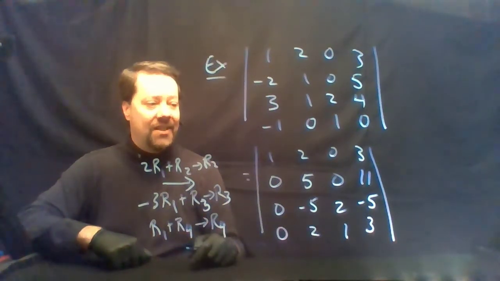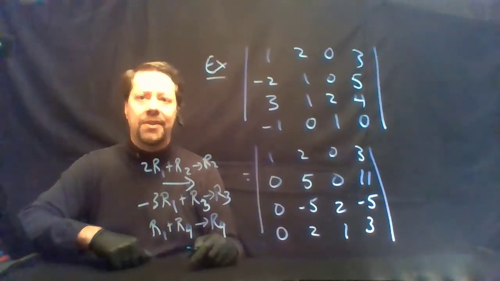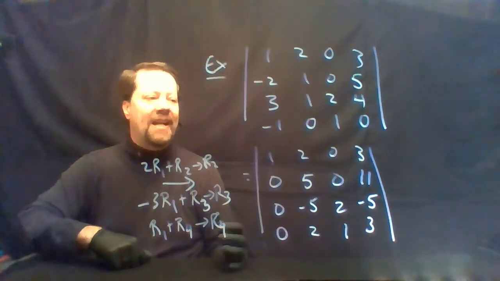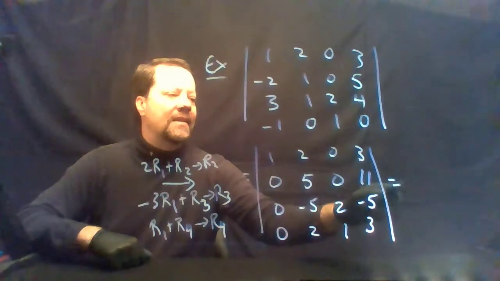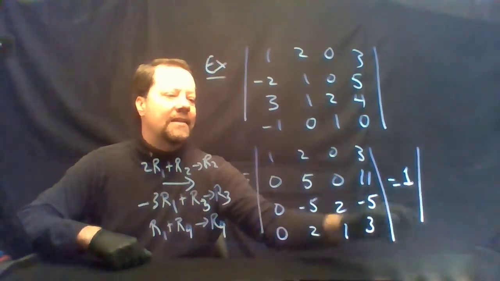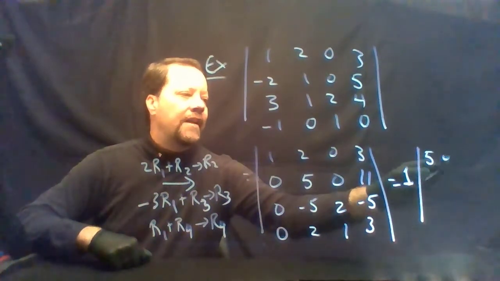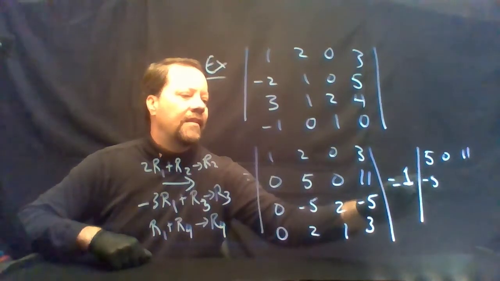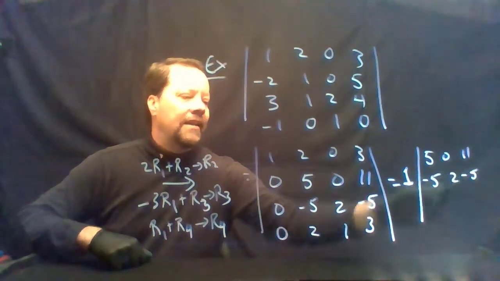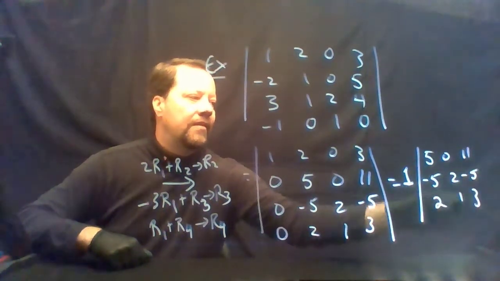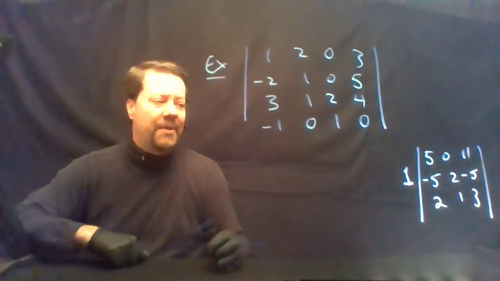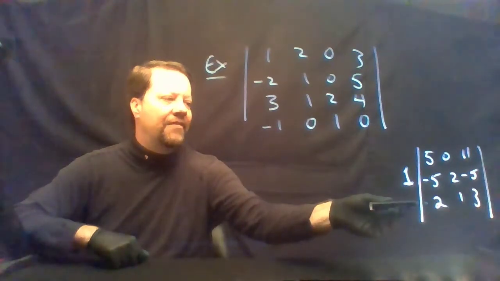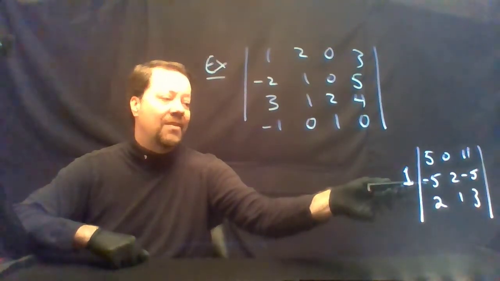Now we can continue these elementary row operations to introduce more zeros. But right now we can do a cofactor expansion around the first column. That's going to give us a positive 1 times 5, 0, 11, negative 5, 2, negative 5, 2, 1, 3. Continuing these elementary row operations, why don't we take negative 2 times row 3 and add it to row 2.